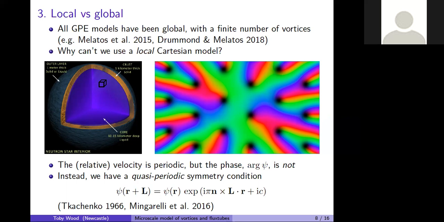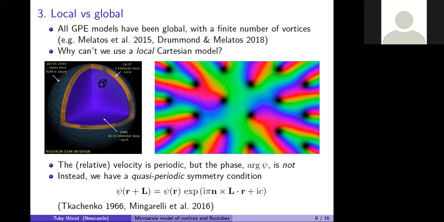For any such translational symmetry, then if you look at points separated by L, there must be a phase shift of exactly this form between them. This part just comes from the rotation of the frame, and then there's an arbitrary constant, which is not really arbitrary, and we don't know what it is.